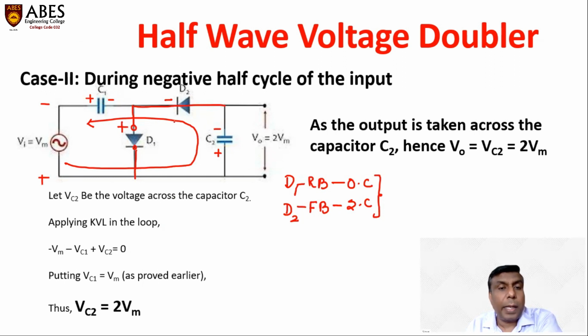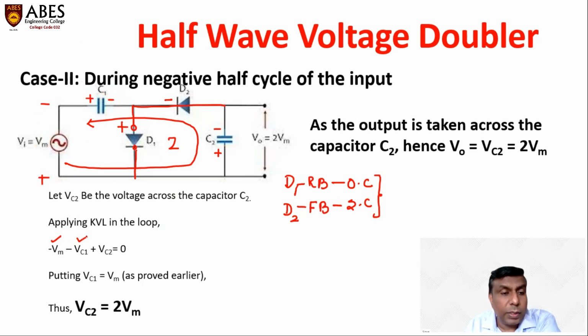Now we need to apply KVL in loop number 2. Going from positive to negative, I take the first sign, so minus Vm. Then minus Vc1, because the voltage across C1 is Vc1.